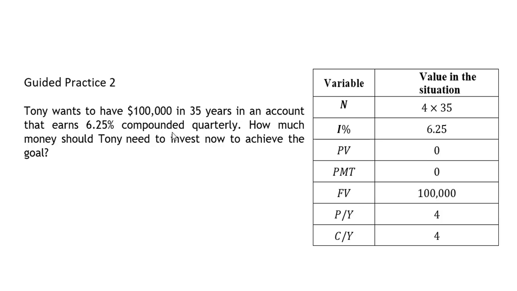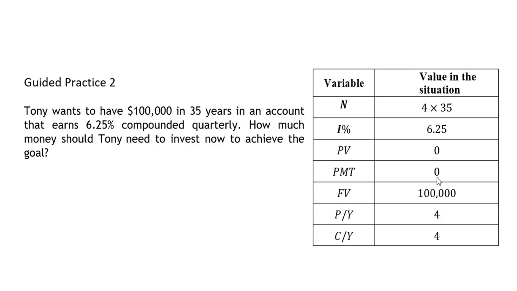As we know, compounded quarterly means compounded 4 times a year. Therefore, we have this N equals 4 times 35. The interest rate is 6.25%. Present value we are looking for, therefore we will put the 0.